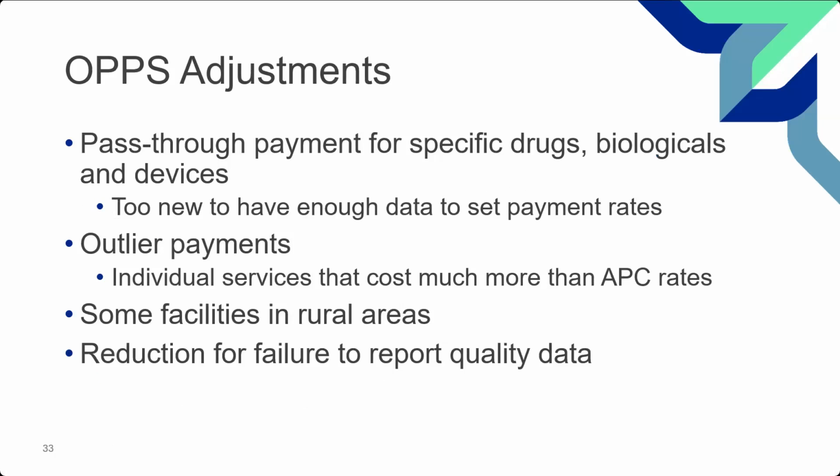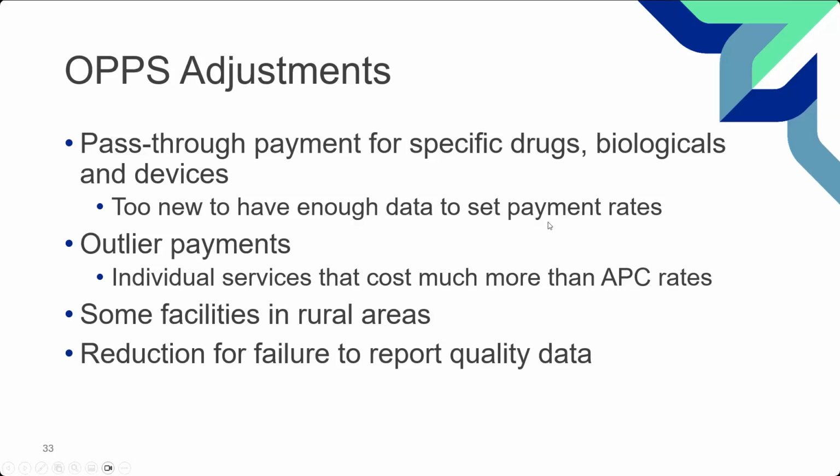They do have outlier payments, for individual services that cost more. Just like an inpatient has the outlier, so does the outpatient. There are also adjustments for rural areas, and you'll see that a lot. And then there's a reduction if they fail to report their quality measures. They have a separate set of quality measures, and everyone has to report them, and you can get a reduction for that.